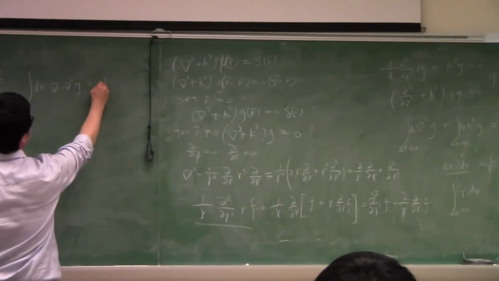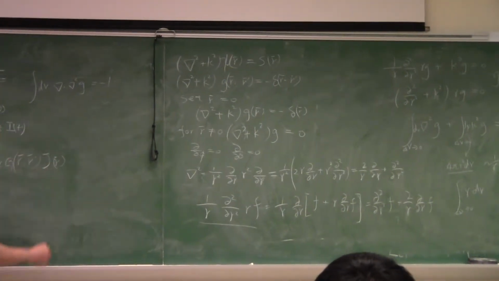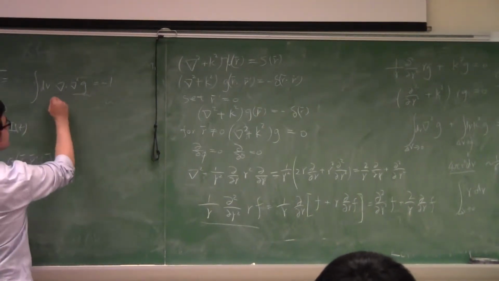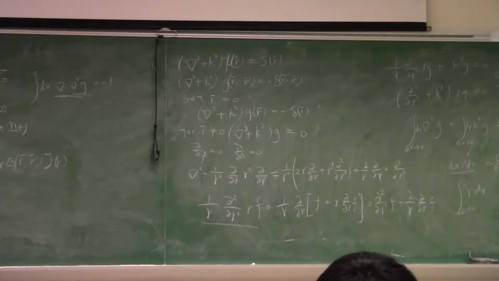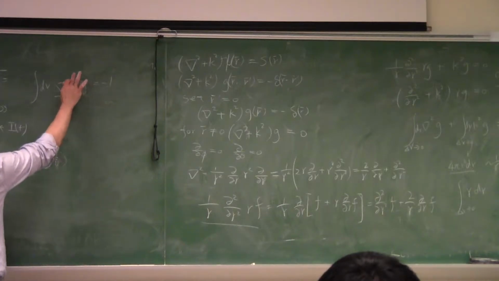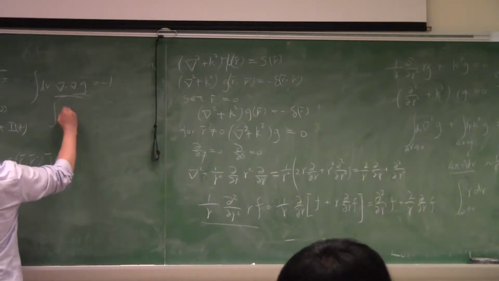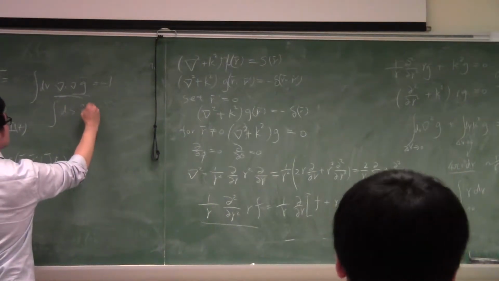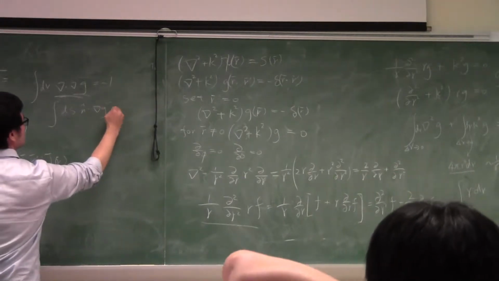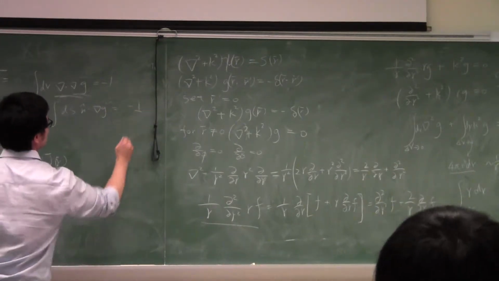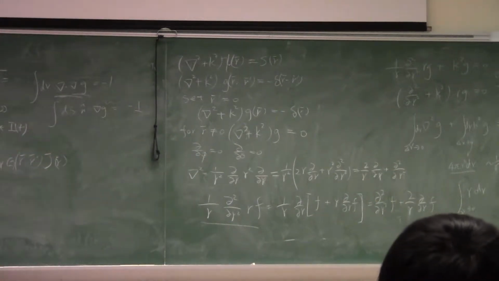You have minus 1. Okay. And now we see this divergence again, this volume integral of the divergence. Then we can change it to a surface integral using the Gauss theorem. Alright.